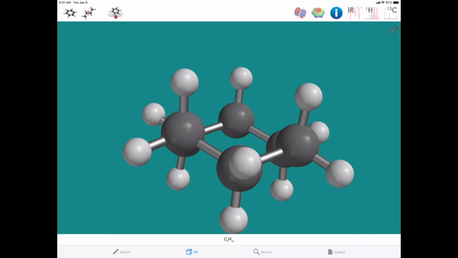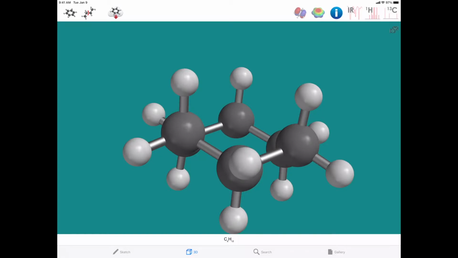The bonds connected to this carbon are angled downward in a V, so I'm going to call this a down carbon. All right? Up carbons, down carbons. One of the interesting things is that up carbons have up axial protons and down carbons have down axial protons. All right, any questions you want to ask so far?